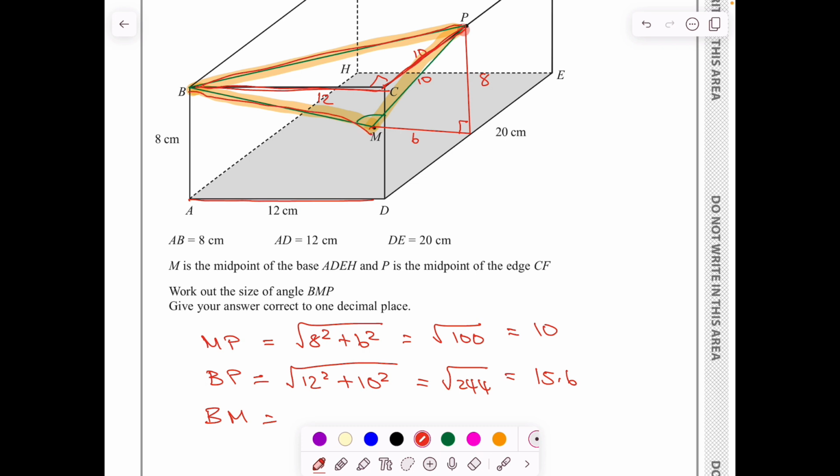Now to form a right angle triangle, we are going to use this and then here. Okay, so that's our right angle triangle. So we know that this is 8. What we don't know is this length here.